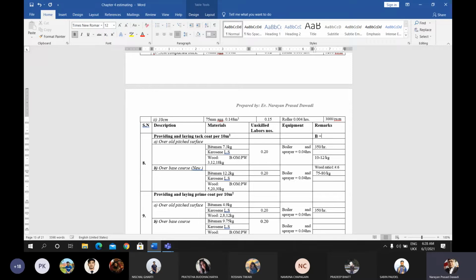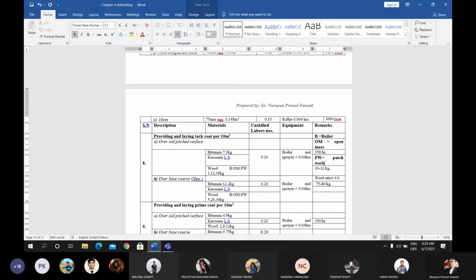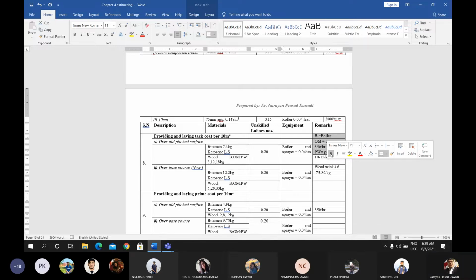B stands for boiler, OM stands for open mass, and PW means patchwork.